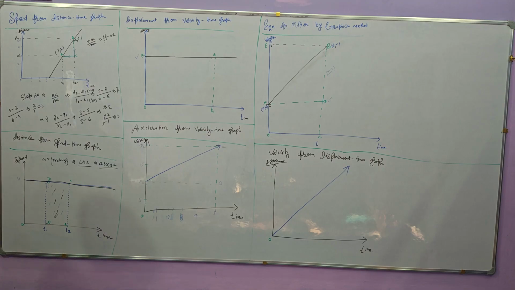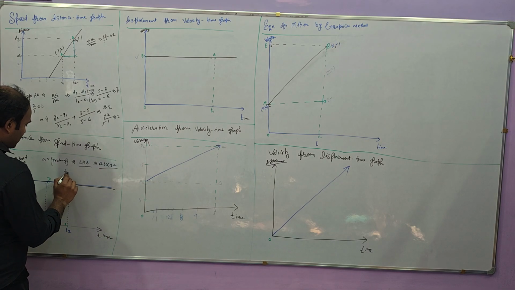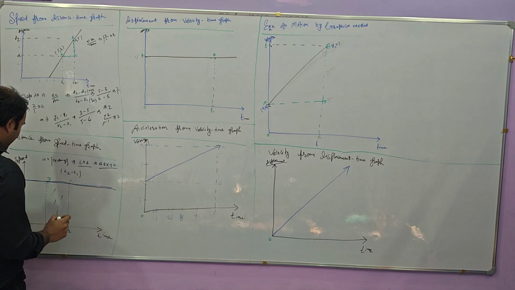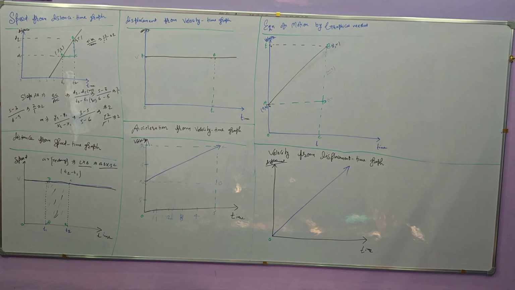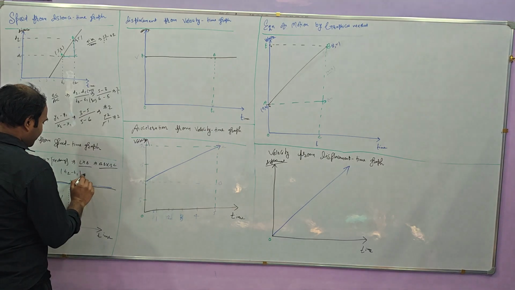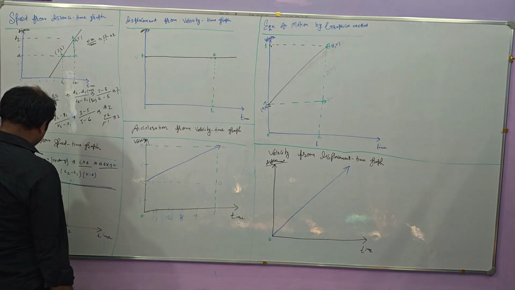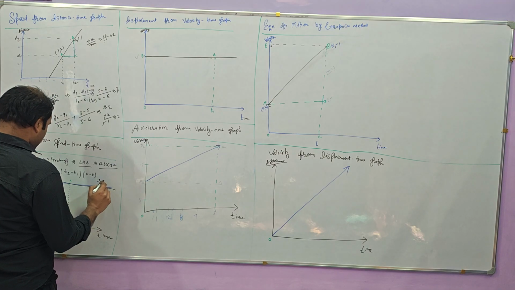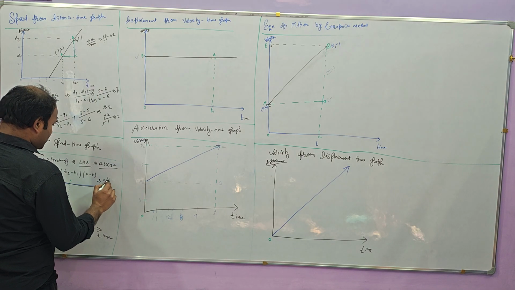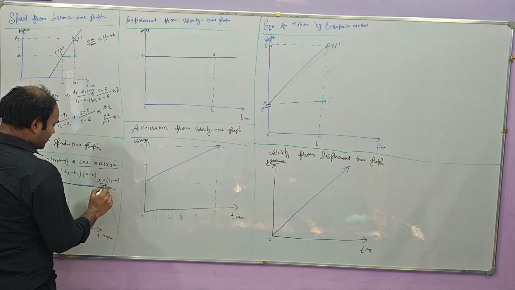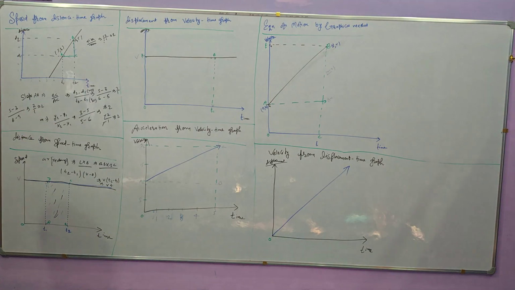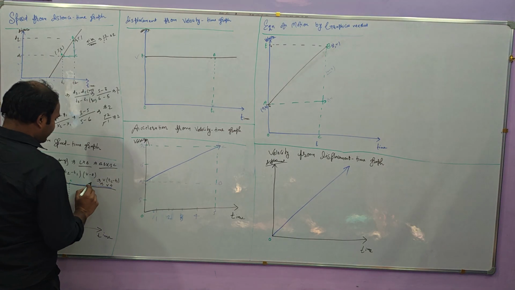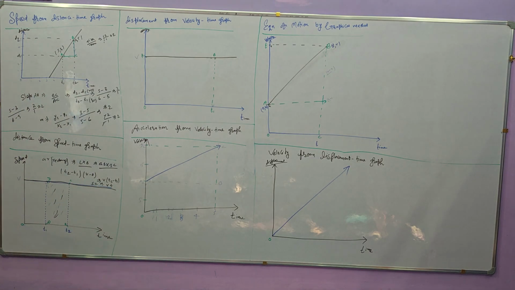AB is equal to T2 minus T1, and BC is equal to B minus 0, we have B. So we get B into T2 minus T1, otherwise B is equal to T, S is equal to BT. We have distance, S is equal to BT.